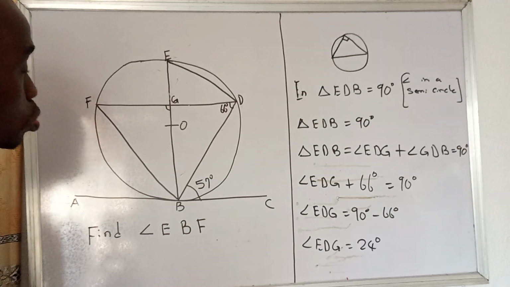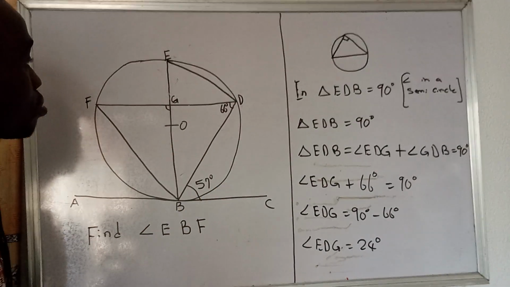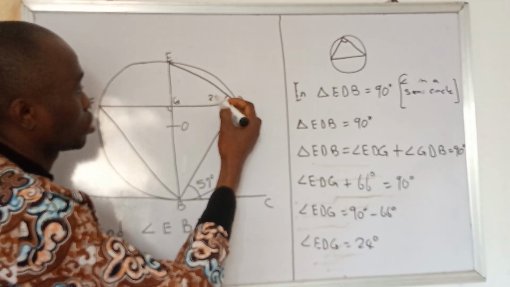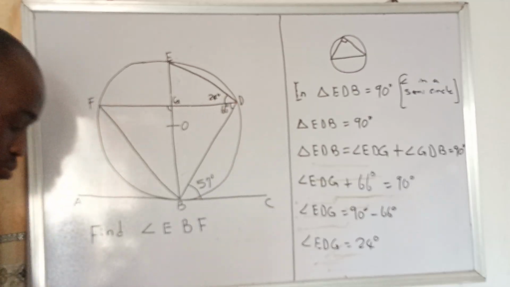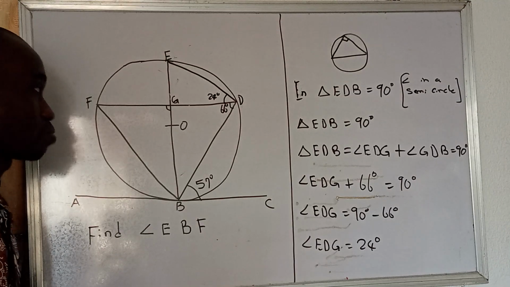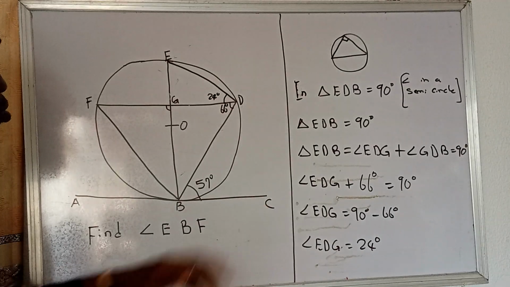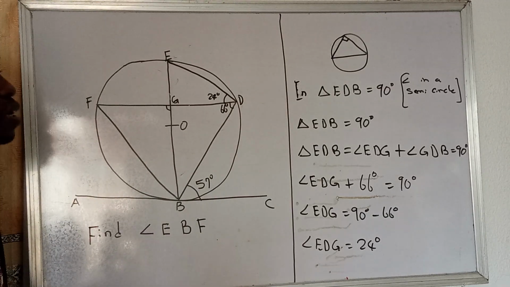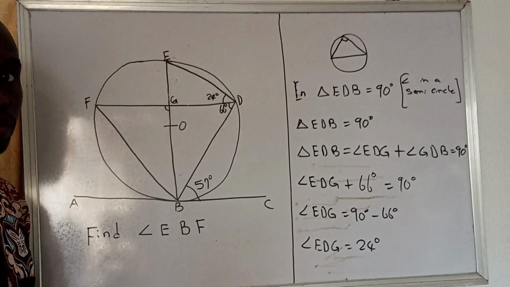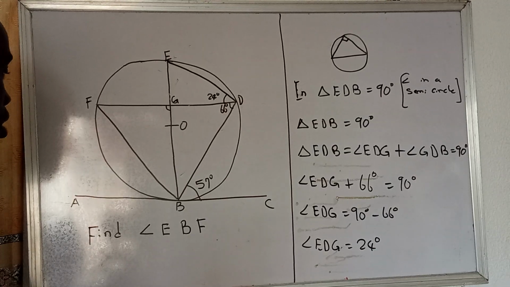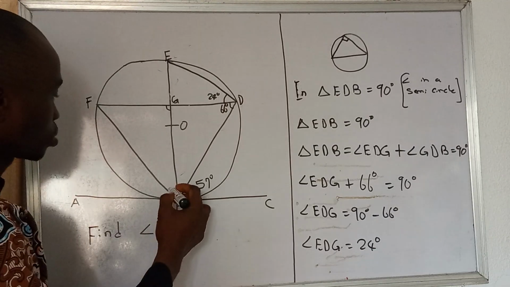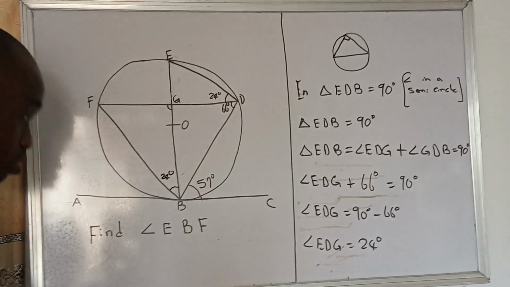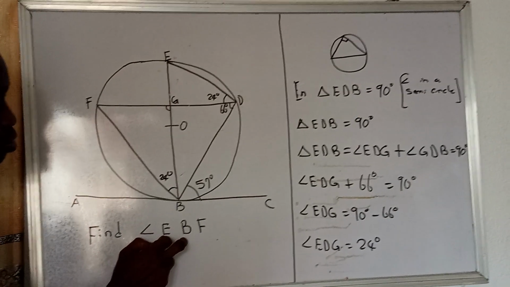Now, what we have is that the angle here will definitely be 24 degrees. So angle D and angle B are angles in the same segment. So definitely angle B here will be 24 degrees. So that's how we can get the angle of B.